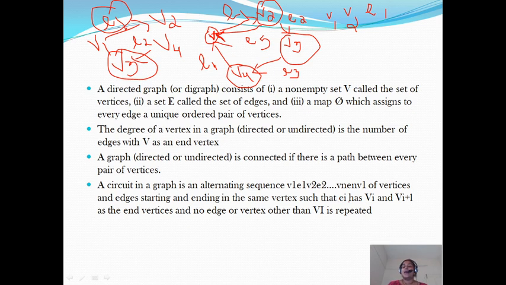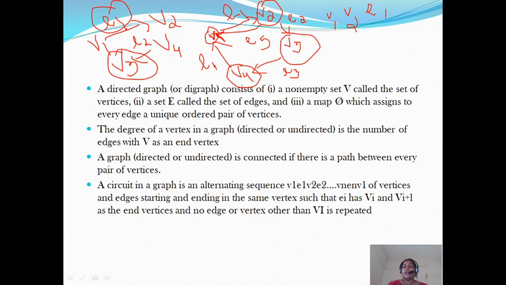Ei has Vi and Vi plus 1 as end vertices, which means an edge must be written between two vertices in such a way. For example, look at this: V1, V2, that is Vi plus 1, where i is 1, so V1.